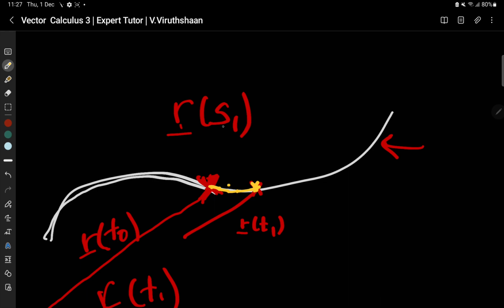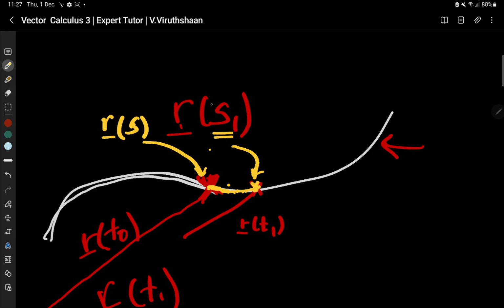So if you add s1, you are going to get to this. You are going to start at this point, and with that, this vector is going to change that value.